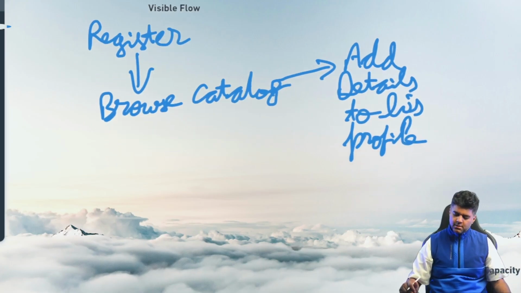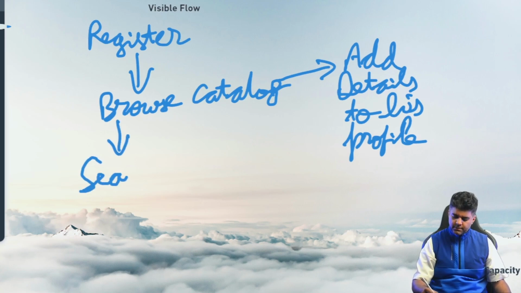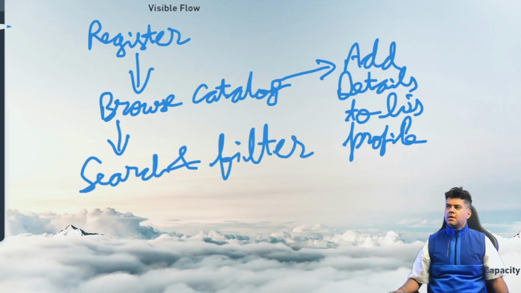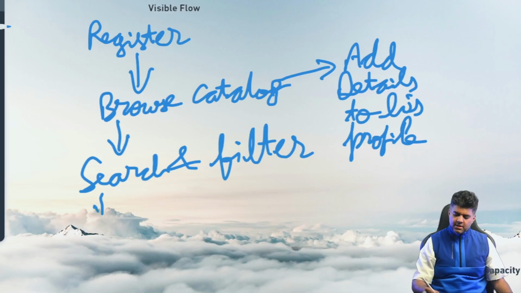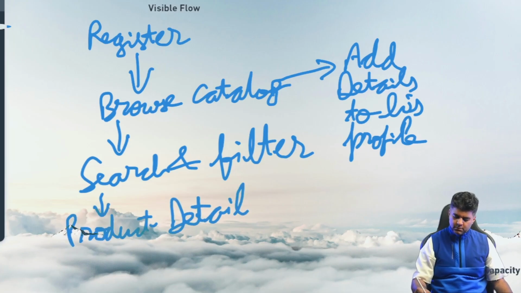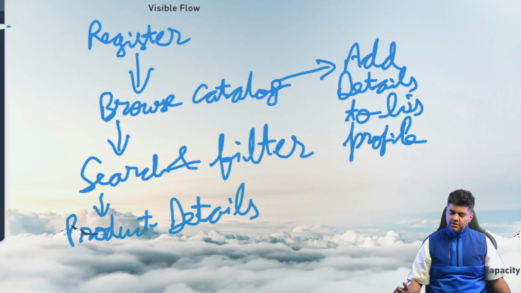And the next thing is, when he's browsing, he's also going to search and filter. Apart from that, once he's done that, he's going to view product details. Up until now, we are in the territory of where we were when we were mapping out the functional requirements list. But now things start to get a bit more interesting.